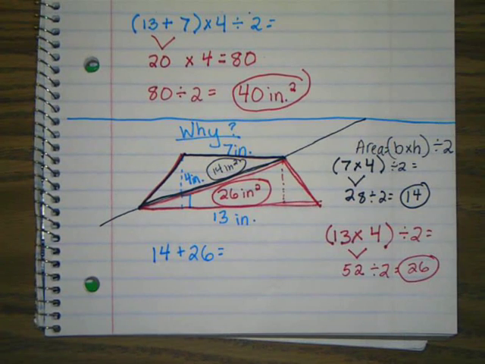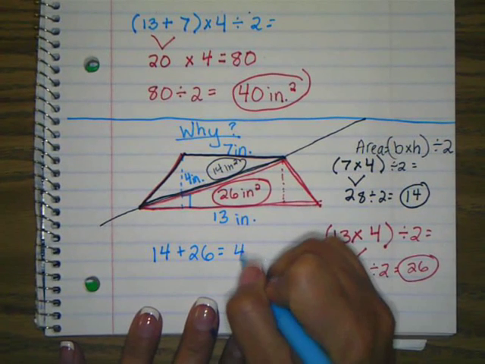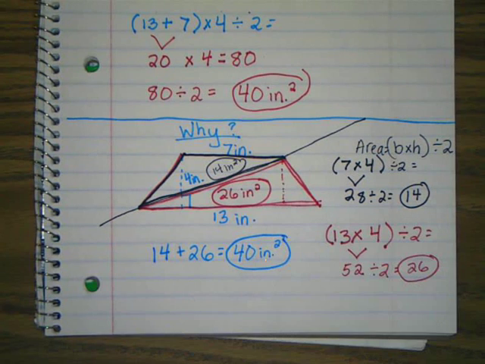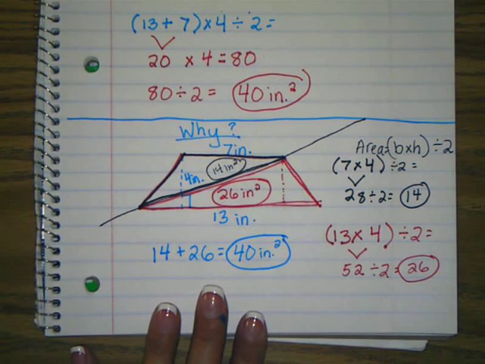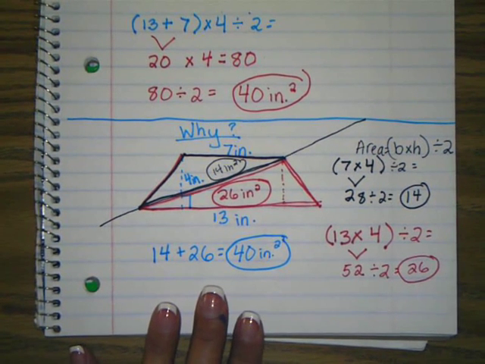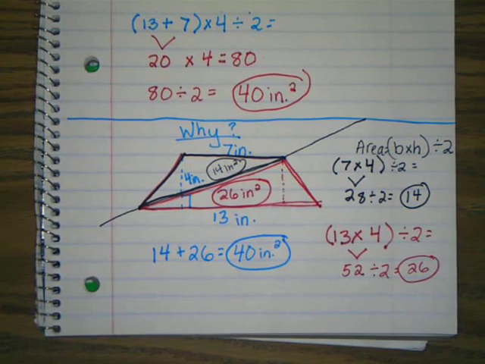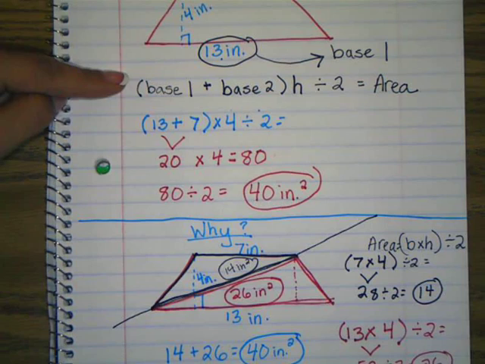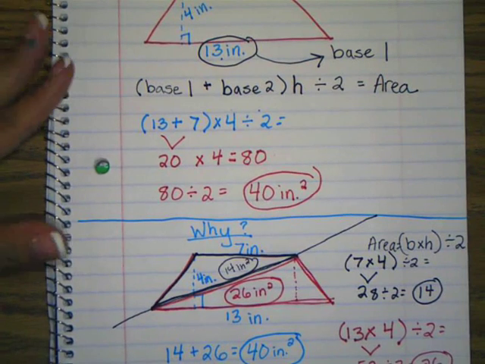So there is your Y. A trapezoid is just 2 triangles. So you have this big long formula, or you can break it in half. Okay? They both work.